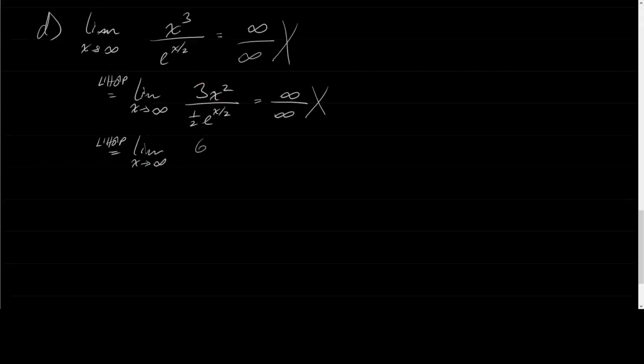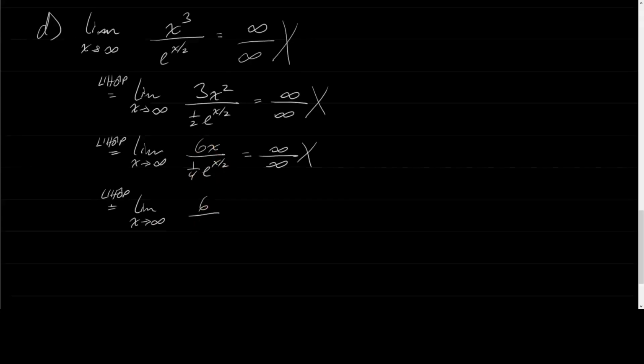The derivative of the top, 6x. The derivative of the bottom, 1/4 e to the x over 2. Take the limit as x goes to infinity. Again, infinity over infinity. So apply L'Hopital's rule again. And when we do that, what do we get? The derivative of the top, 6.